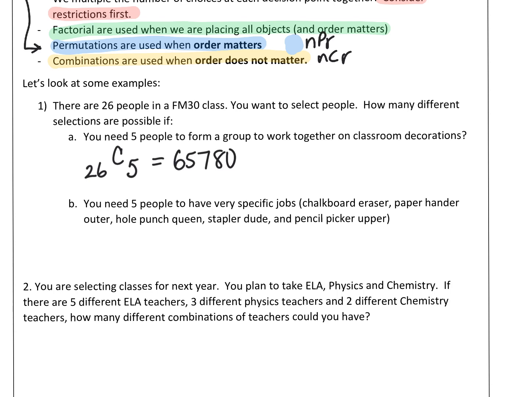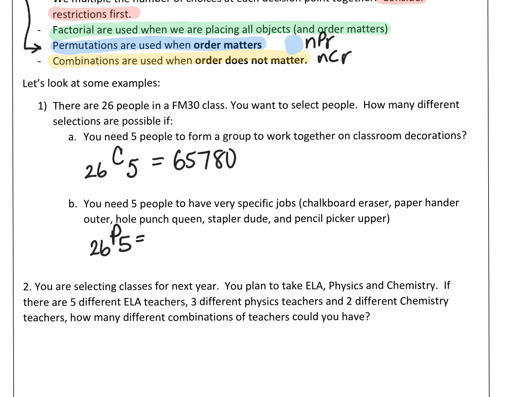If I need 5 people to have very specific jobs, and those jobs are chalkboard eraser, paper hander outer, hole punch queen, the stapler dude, and the pencil picker upper. Well, if I have very specific jobs, it's different if you are the chalkboard eraser than if you are the hole punch queen, right? So that is then a permutation. So we could do it as 26P5.